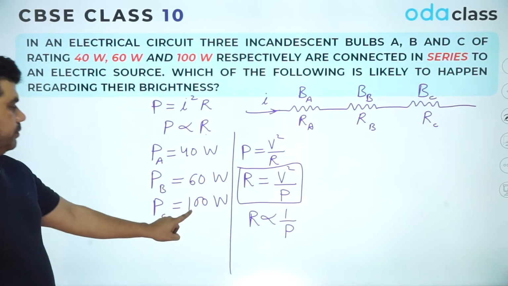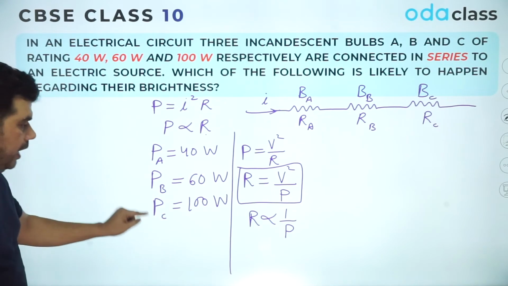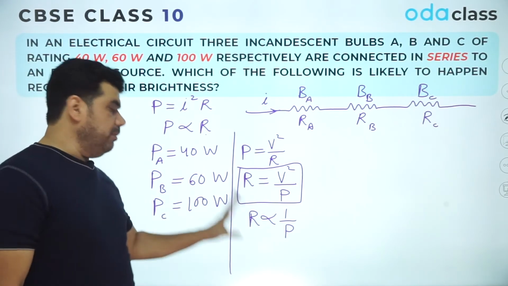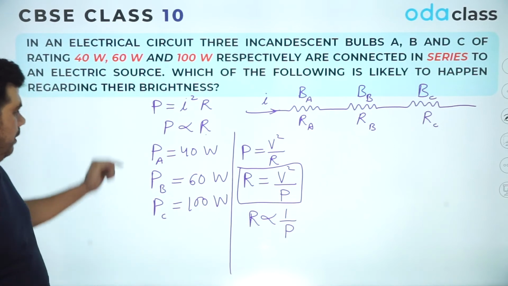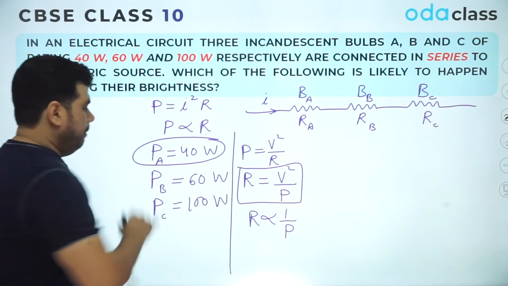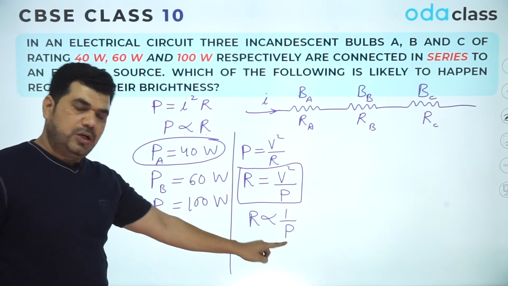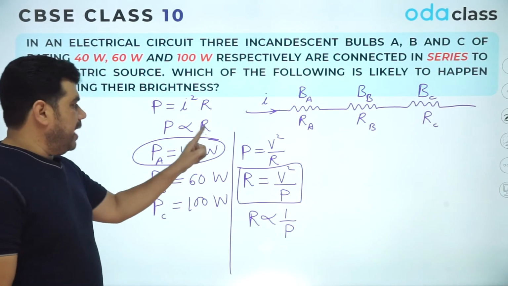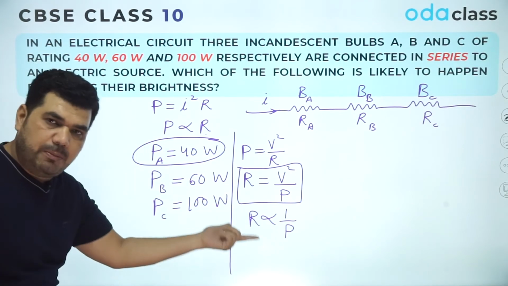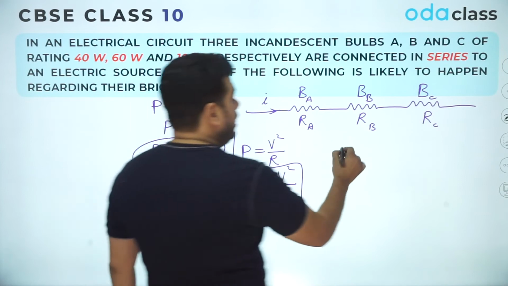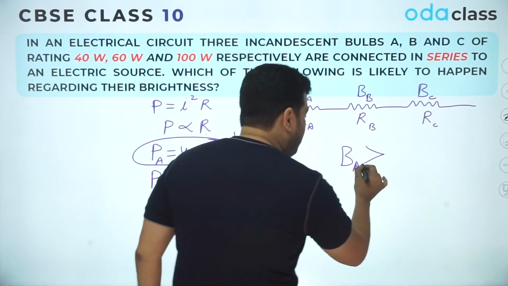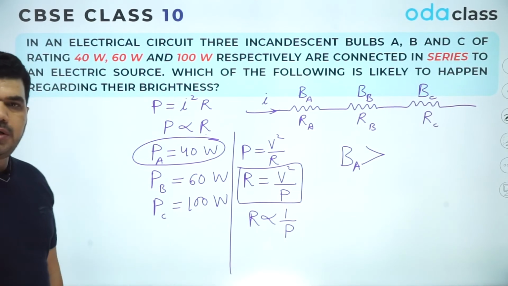So let's see. Maximum power, 100. So bulb C has maximum power, so minimum resistance. But bulb A, as you can see, has minimum power, so maximum resistance, maximum resistance means maximum power, maximum power means maximum brightness. Obviously, the brightness of bulb A is maximum. Correct?